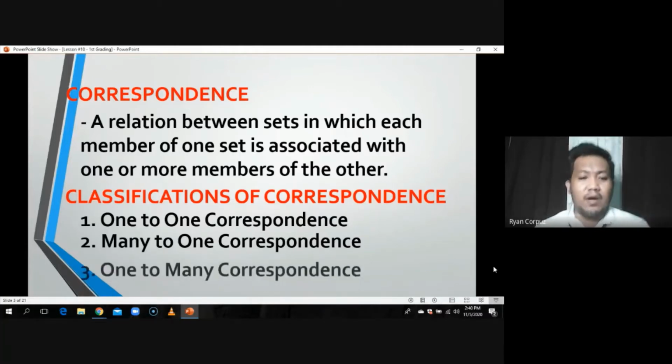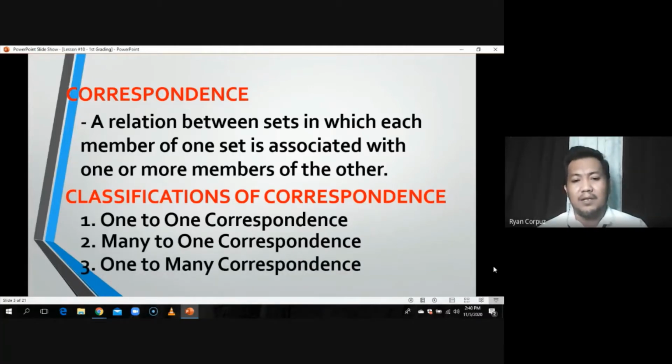The third one is the one-to-many correspondence. Ibig sabihin yan, one element in the domain is paired to two or more elements in the range. Kapag meron kang isang element in the domain, nakapair siya sa two or more elements in the range, yun ang one-to-many correspondence.